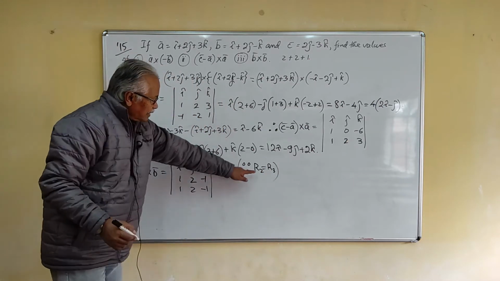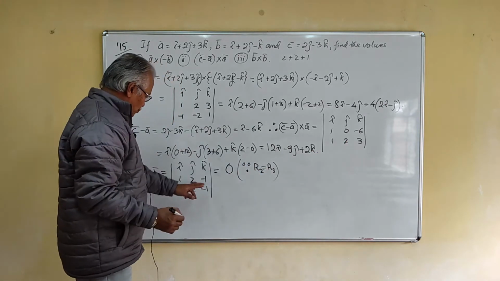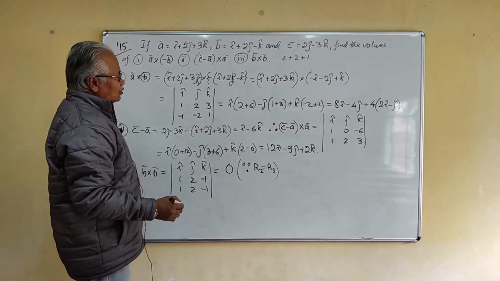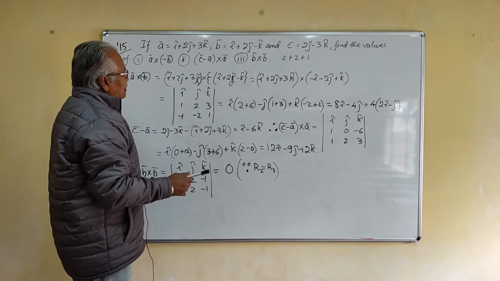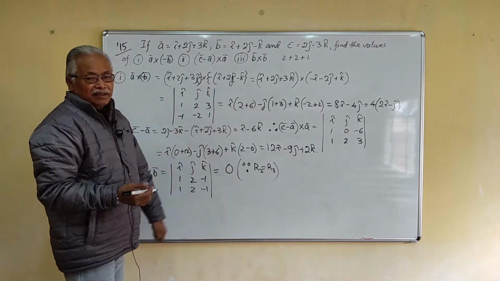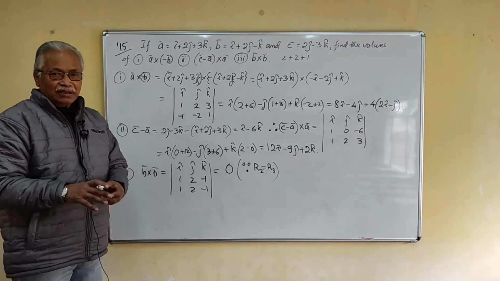That is, elements of row 2 is identical to elements of row 3 here. So that's the reason it is equal to 0. So you have answered these questions. So if you've done it correctly, then you are apt to get 5 marks for that. Okay, we will go for another question now, right on.